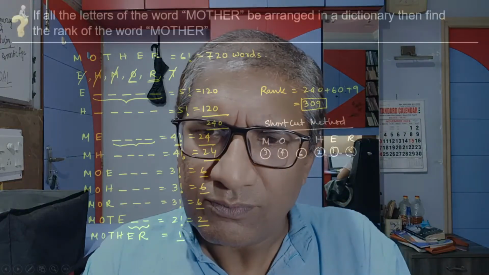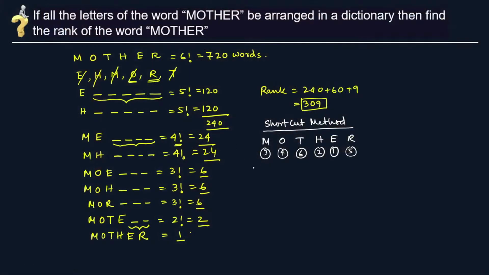So first you simply give the numbers to all the alphabets involved in the given word alphabetically, right? After that, now listen carefully. First I am considering the alphabet M. You have to see what number you have assigned to M. It's 3.